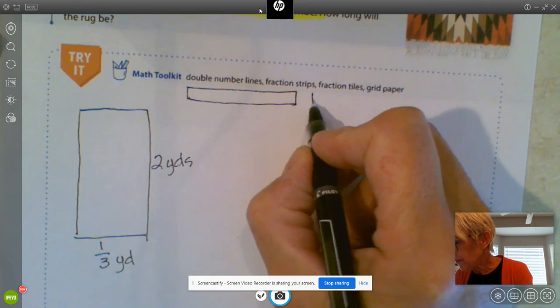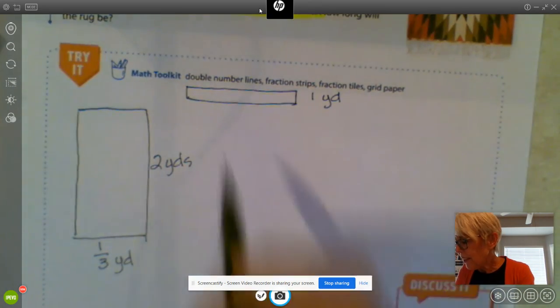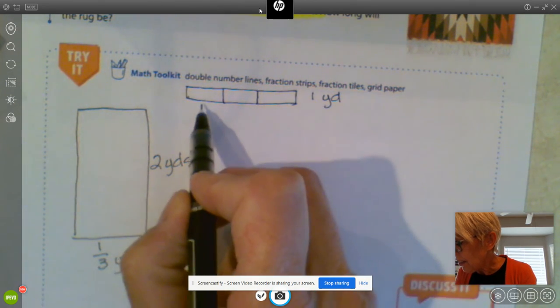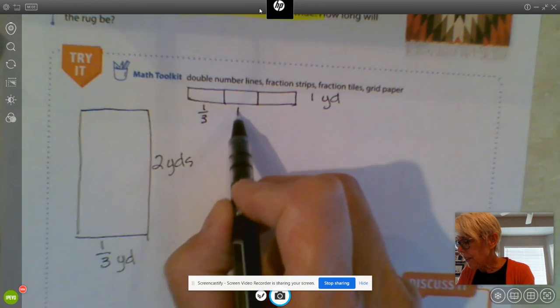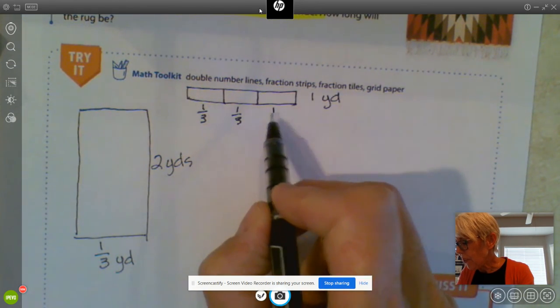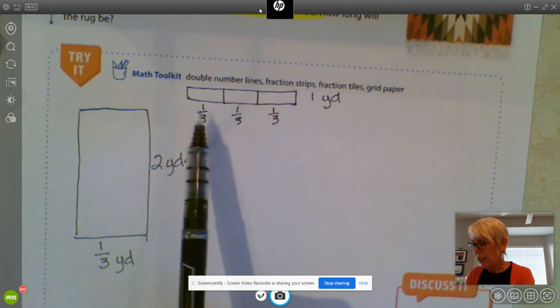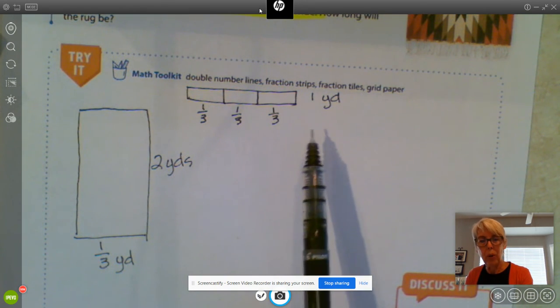Here's 1 yard. And if I divide it into thirds, this is 1/3. This is 1/3. And this is 1/3. We know that there are 3 1/3 in a yard, 3 1/3 of a yard. So when I add up 3/3, I know that I have 1 whole.